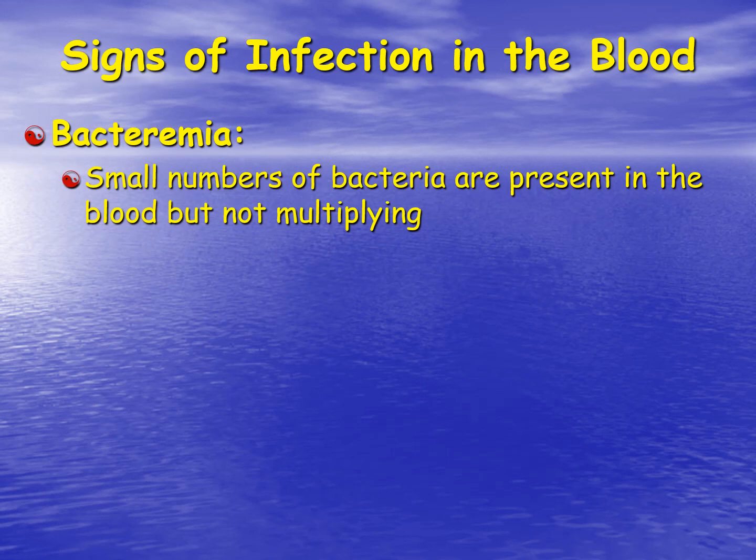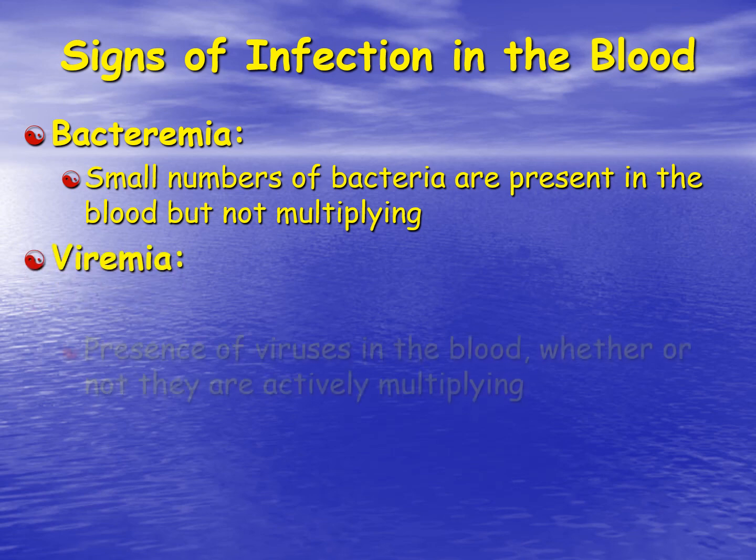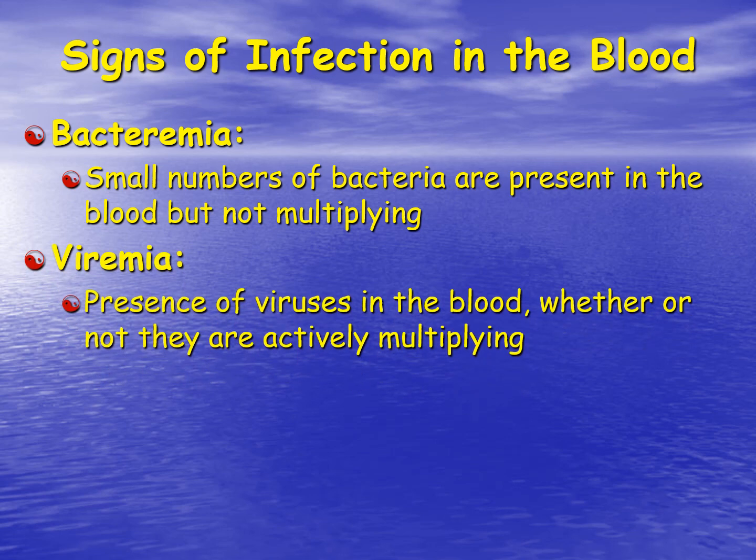Bacteremia simply means I usually have small numbers of bacteria present in the blood, but they are not yet undergoing multiplication. Viremia is the presence of the virus in the blood, but this would just be the virions. So whether or not they're actively multiplying in their host cells, I simply have the virus present in the blood.